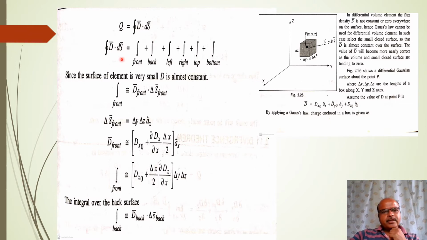So close integral D bar dot dS bar is equal to, we have to add here a total of 6 integrals, that is integral front plus integral back plus integral left plus integral right plus integral top plus integral bottom. That is the integral of the front side, then the back side, then left, right, then top, and bottom.